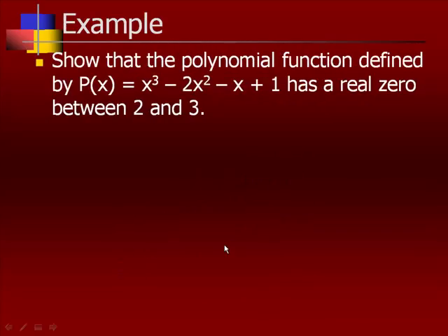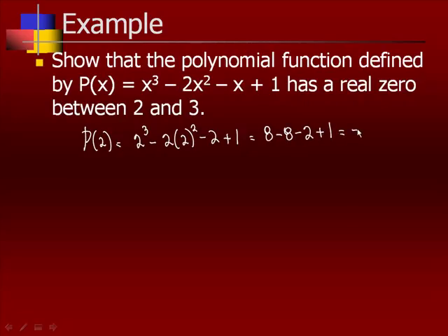Now, show that the polynomial function defined by p of x equals x to the third minus 2x squared minus x plus 1 has a real zero between 2 and 3. Well, what is p of 2? That would be 2 to the third minus 2 times 2 to the second minus 2 plus 1, which is 8 minus 8 minus 2 plus 1, which is negative 1.